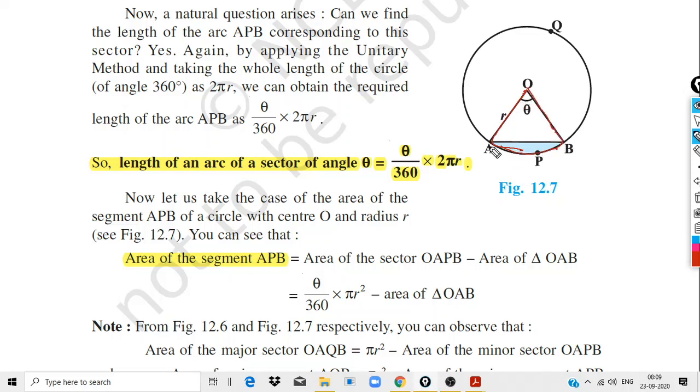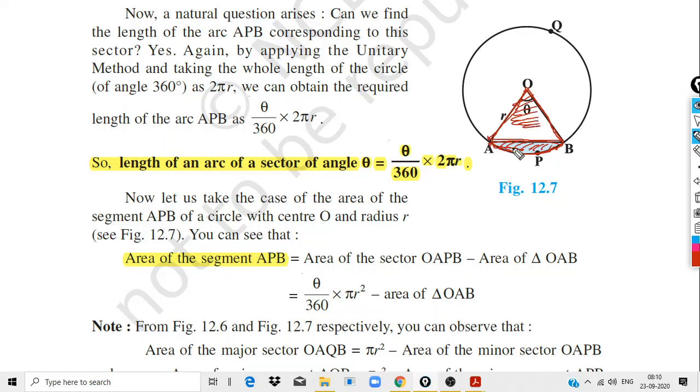The segment is the APB segment. This much area, the shaded portion, is the segment only. The rest portion is the OAB triangle, isn't it?